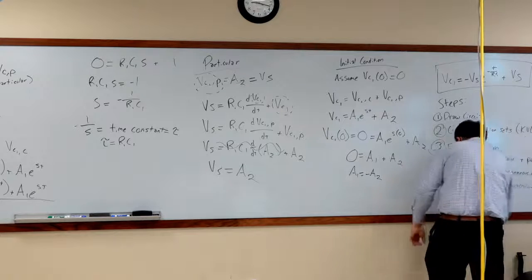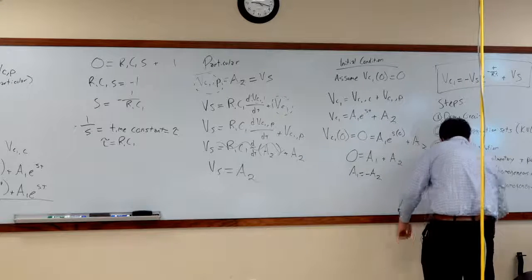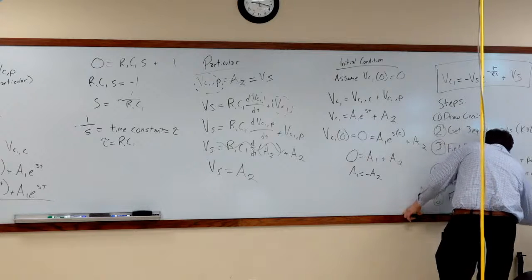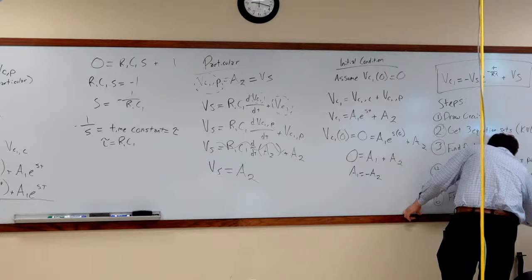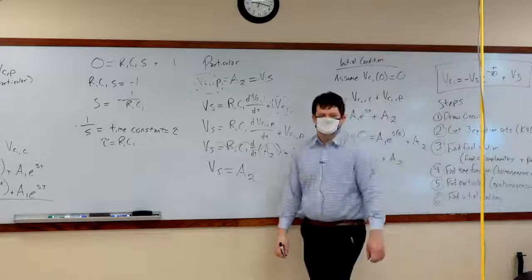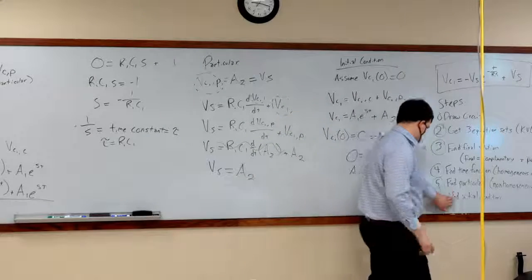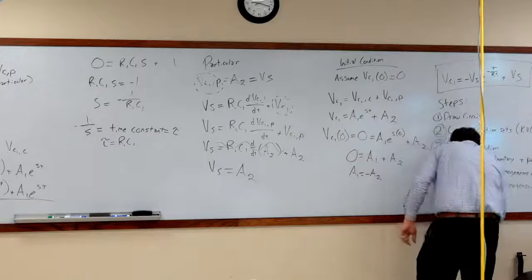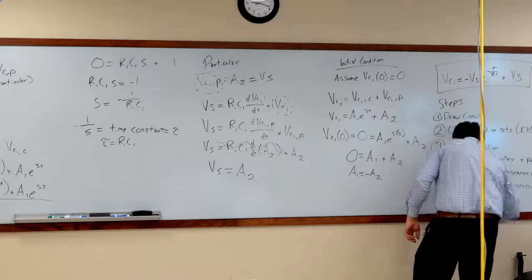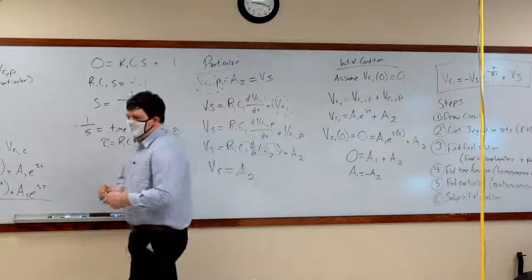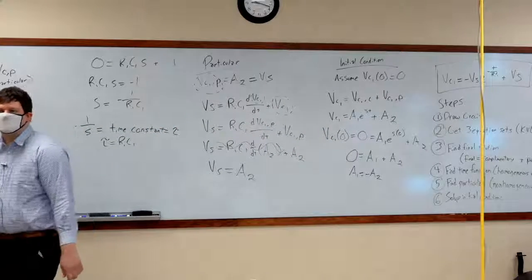And then step 6, you solve for the final variable using the initial conditions. Rather than find initial conditions, I should say solve. Because initial conditions should be given to you. 6 steps.